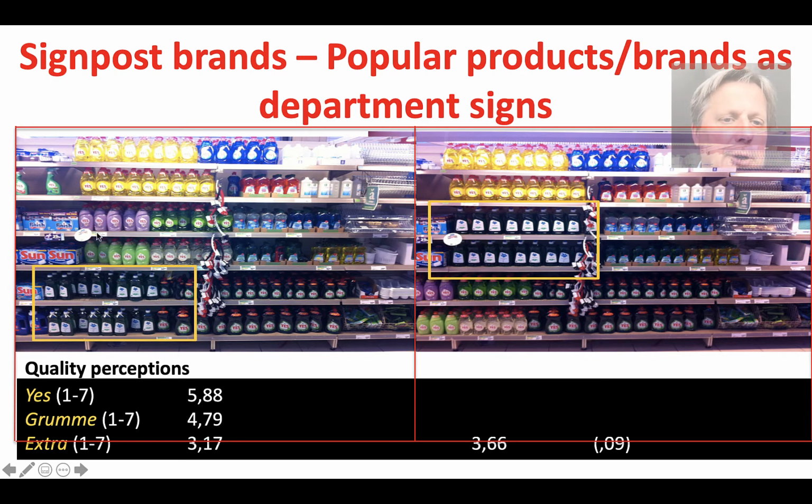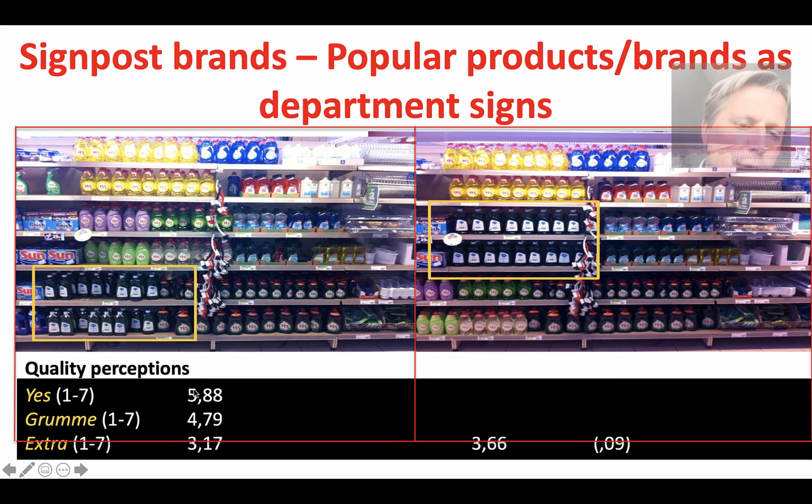So you had the yellow, the purple, the green, and the see-through ones there. So they have the dominant place. And then you have the private label called Extra below. And then you have another popular sort of high-quality brand, sort of an ecological brand, Grumme, on the side.